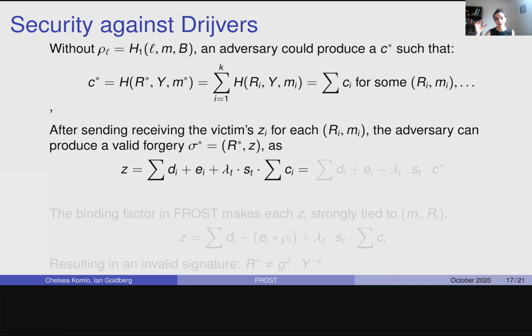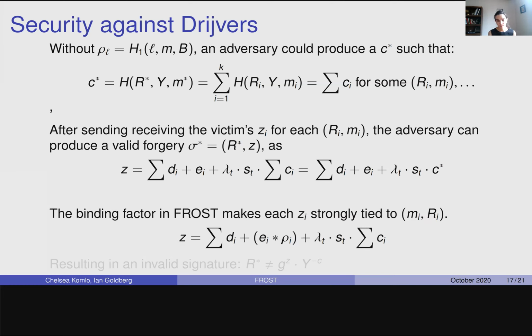Recall that each challenge value is over some R_i, M_i. So this signature would be over this sum if you combined all of them, and this term would evaluate to a signature over a challenge c star that the victim did not actually sign. So overall, what's important in this attack is that if every signature share is not bound to some specific R and M, they can be combined in such a way that you can produce a forgery with respect to some message and commitment that the victim did not sign.